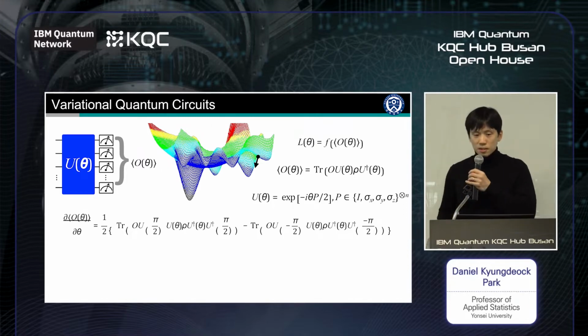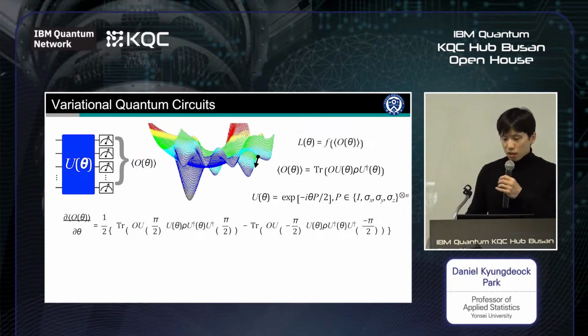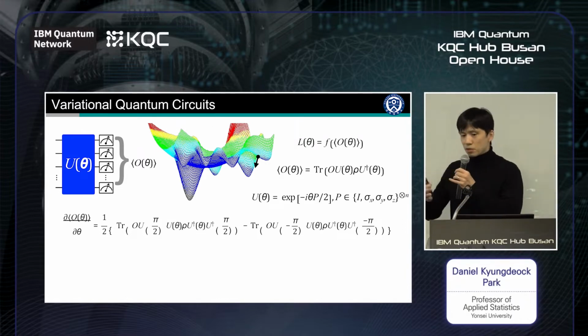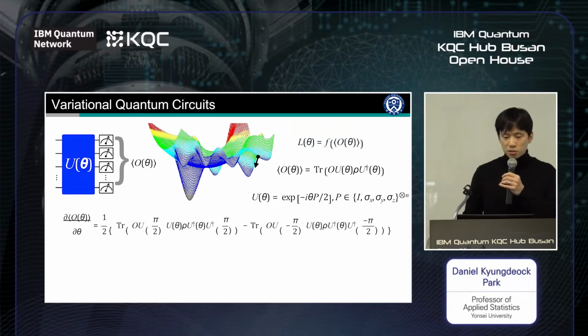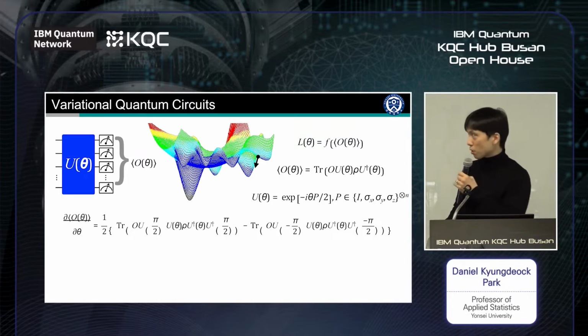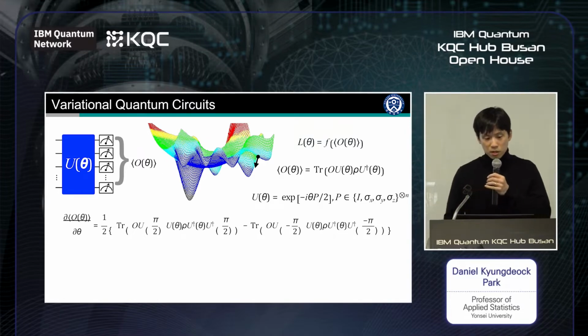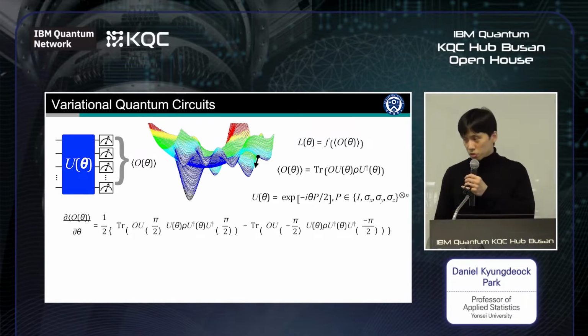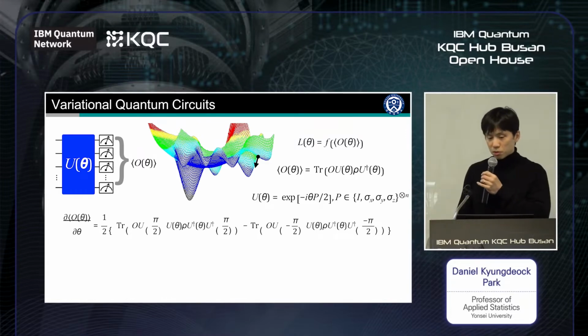In other words, from end to end, we can perform gradient-based optimization using a quantum computer. And this is really great news, because then we can just rely on a quantum computer for running this optimization process, which could potentially be applied to many applications.